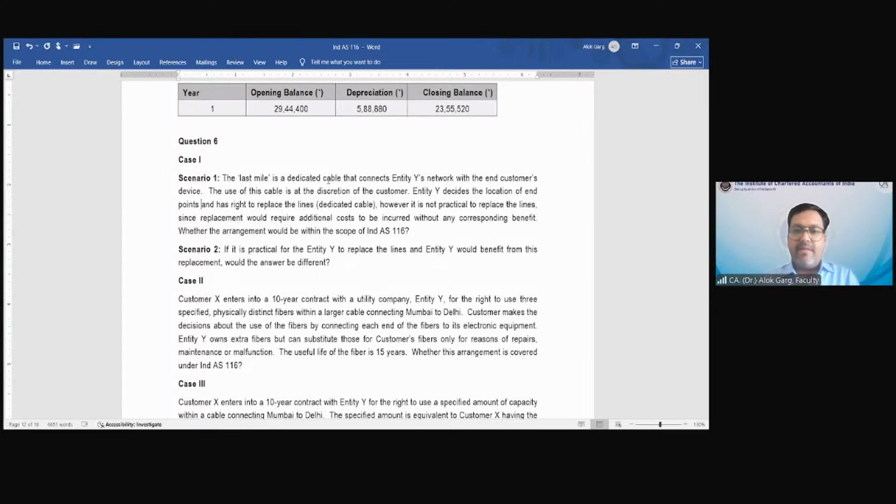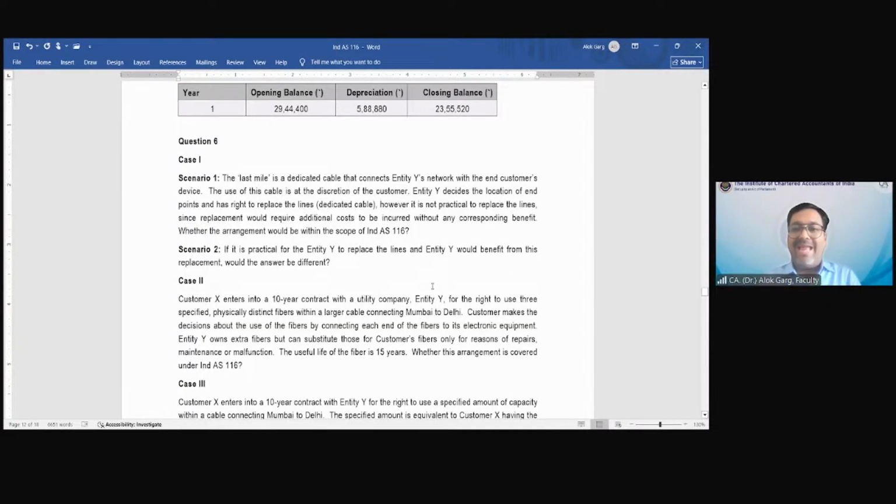Lessee is deciding the location of the endpoint, has right to replace the lines that connect entity Y's network with the end customer. The use of this cable is at the discretion of the customer. For example, if I have to use the internet or I don't have to use the internet, I have to use the cable or not. Entity Y decides the location of the endpoint and has right to replace the line, which is dedicated cable.